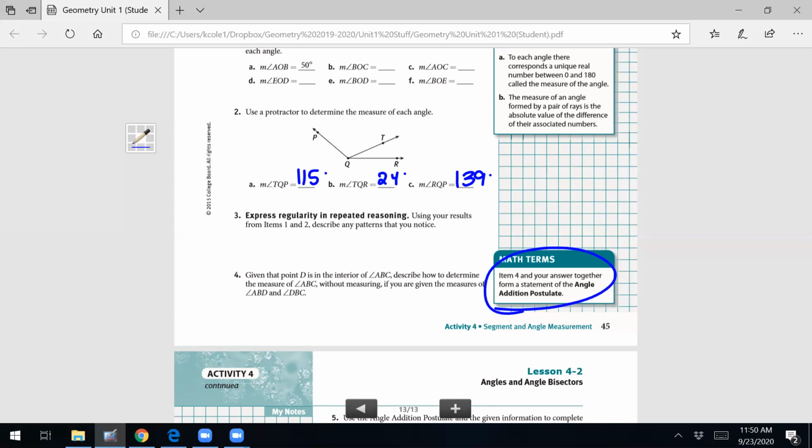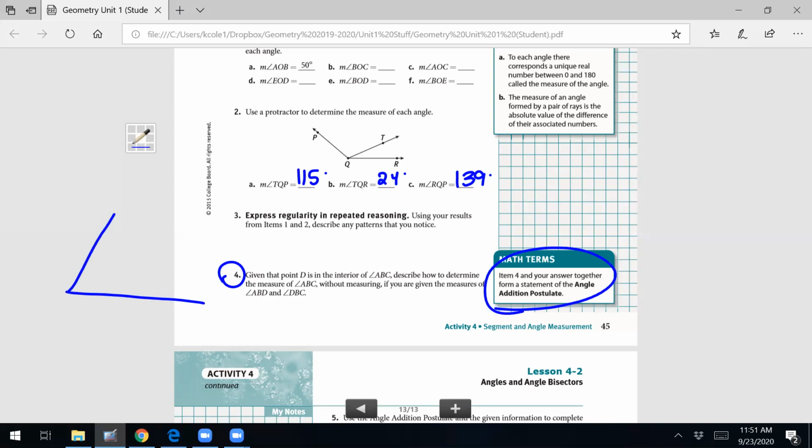It works exactly like the segment addition, but instead of adding little plus big segments, you're doing little plus little equals big angles. So for number 4, they're saying given that point D is the interior of angle ABC, describe how to determine the measure of ABC without measuring if you are given the measures of angle ABD and DBC. Now that doesn't mean a whole lot to me. I need to see an angle.